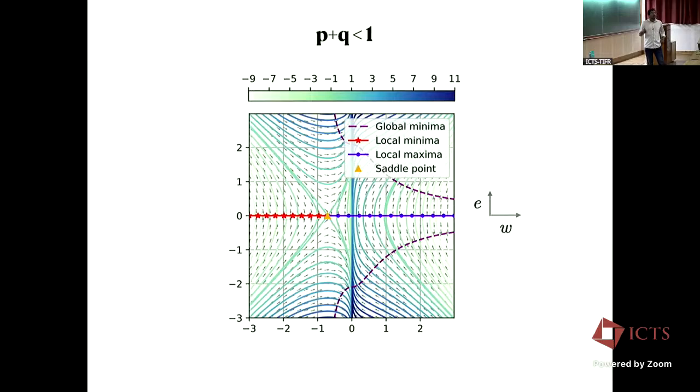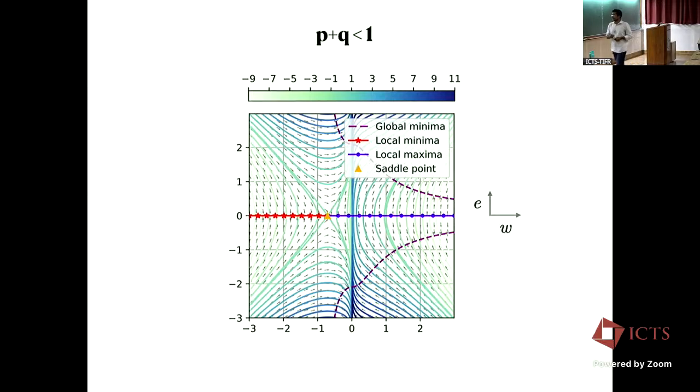It turns out that for this gradient flow there is an energy equation, basically a potential that is an invariant. If you're running gradient flow, this energy stays constant, so the flow always goes along these contour lines, and there's a closed form expression for this.